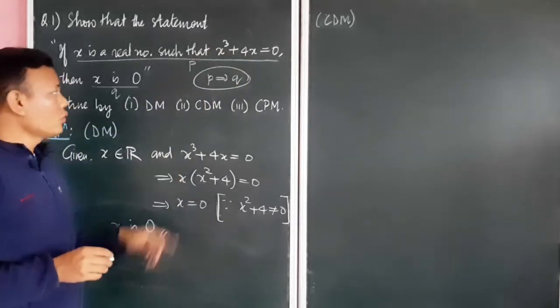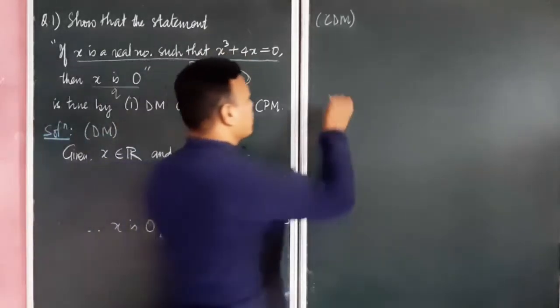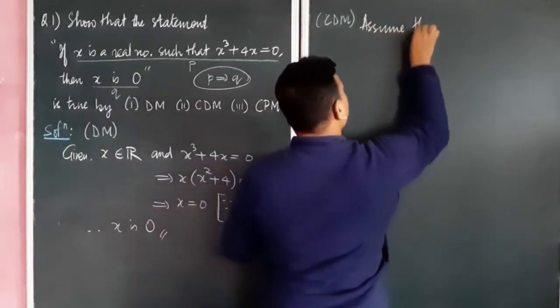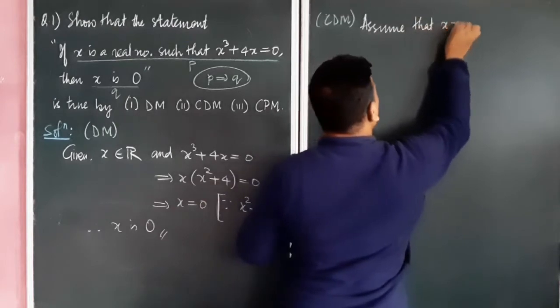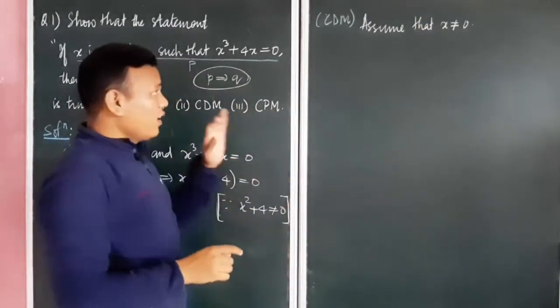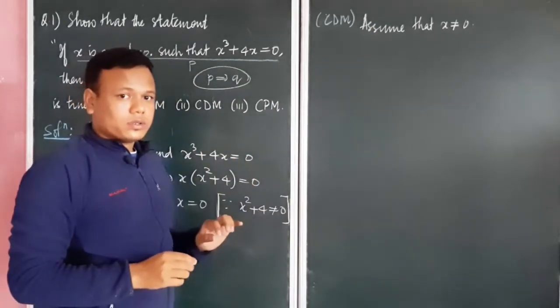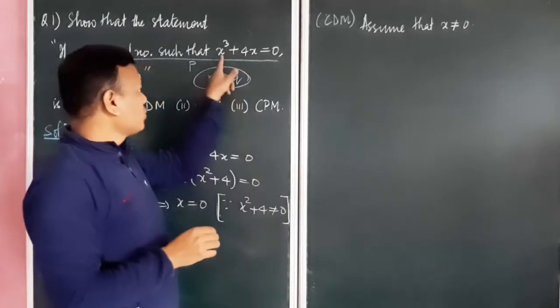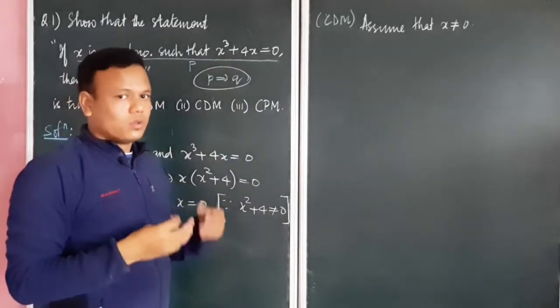All right, let's see how to do this. Now assume that x is not equal to 0. If x is a non-zero number, then what will happen to its cube? Will it be equal to 0? No, right?